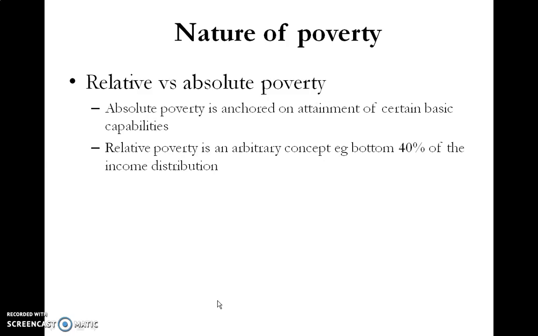There is also relative poverty, which is more of an arbitrary concept. For example, looking at the bottom 40% of the income distribution, or looking at the top 20% of the income distribution. In an instance like that, poverty is expressed in relative terms. So throughout the next 2 weeks, we will look at measurements of both absolute poverty as well as relative poverty.